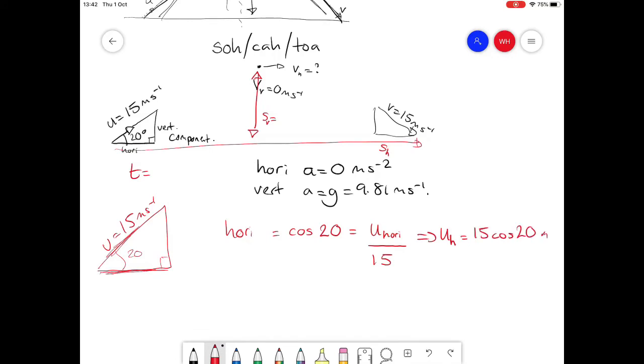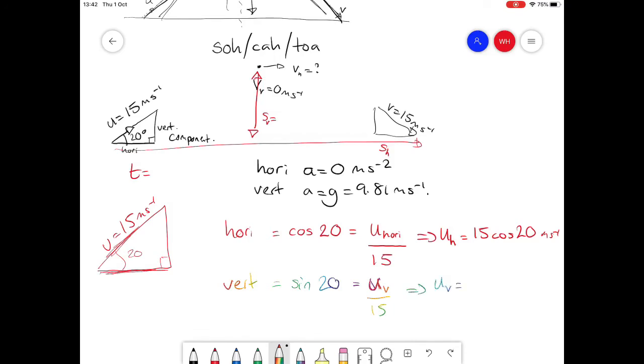I'm actually not going to calculate a numerical value for that. I'm going to leave it like that, where it's not got any decimal places to it. Vertically speaking, I've selected a different pen. Vertically speaking, sine 20 is the vertical velocity over 15.